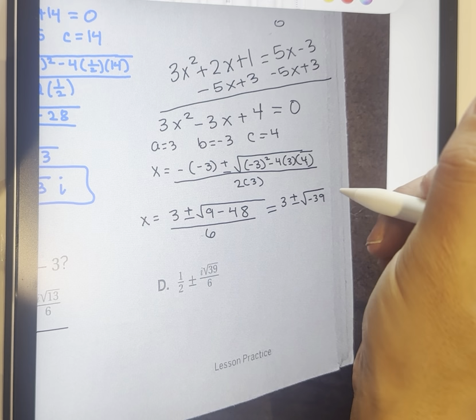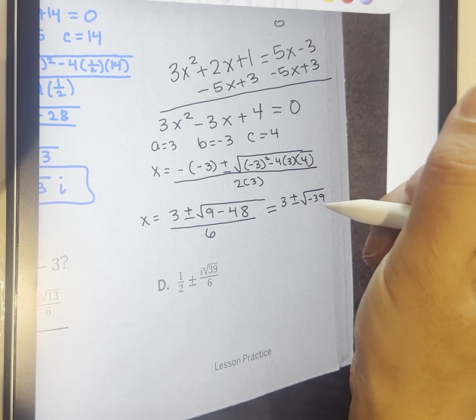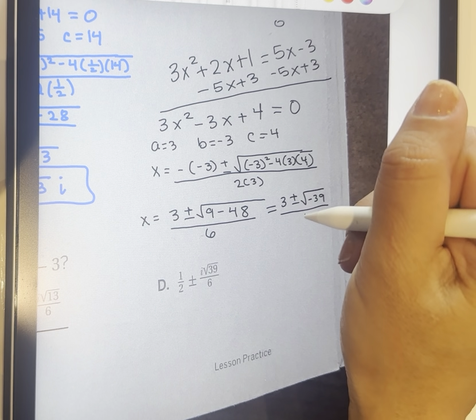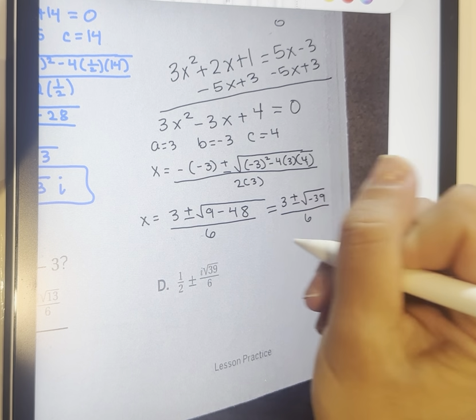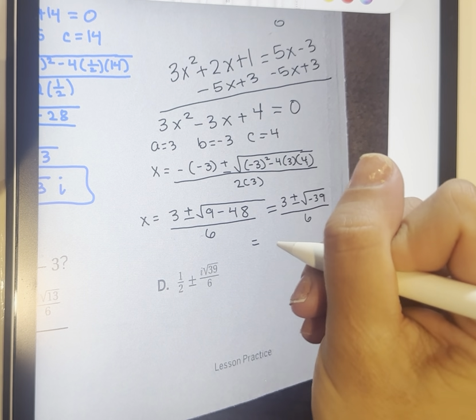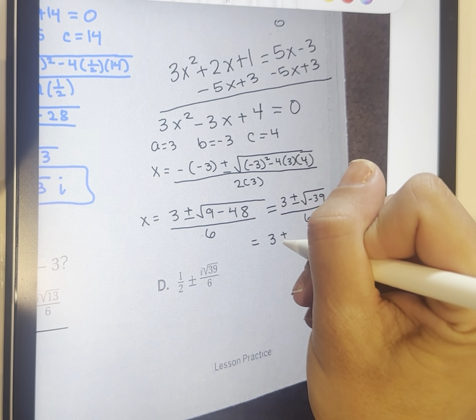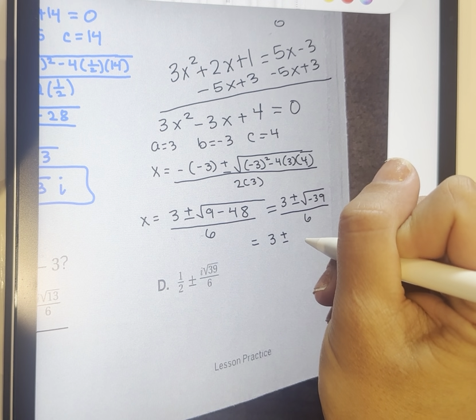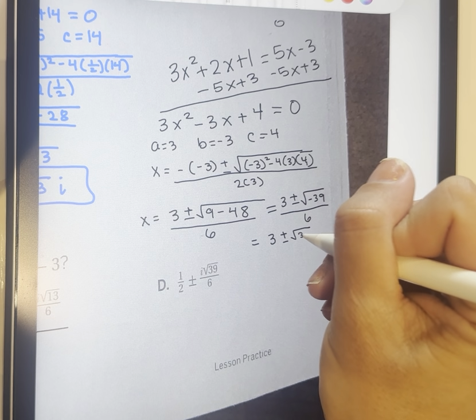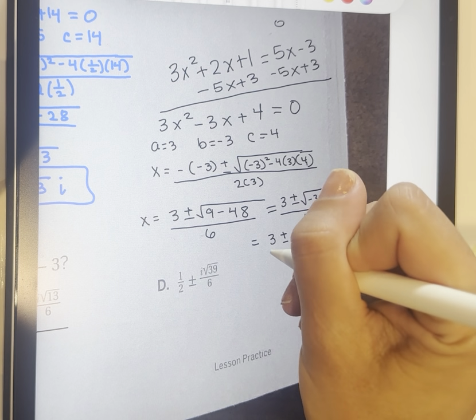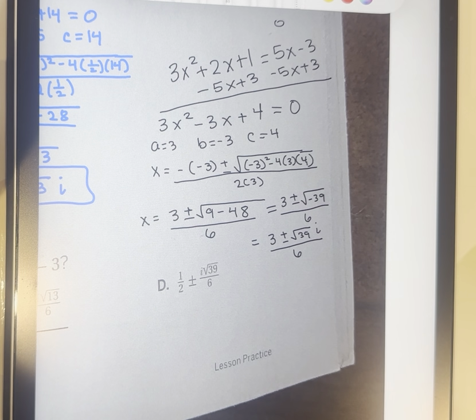We saw 39 earlier. If you remember, it was 13 times 3. It doesn't simplify. So this becomes 3 plus or minus radical 39i all over 6.